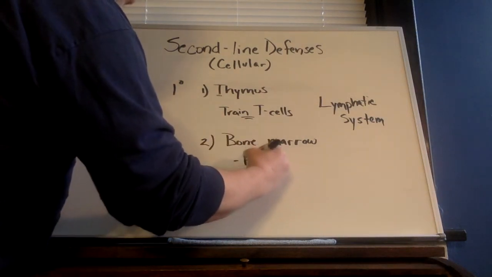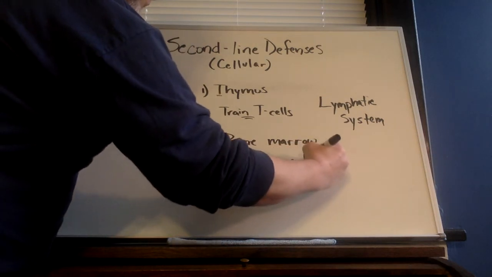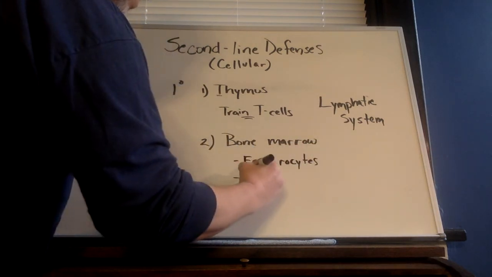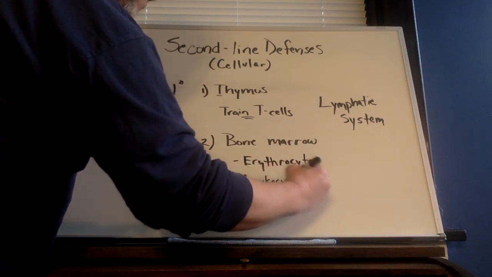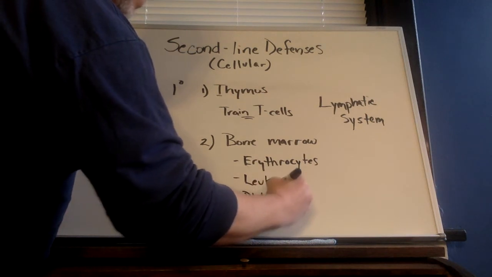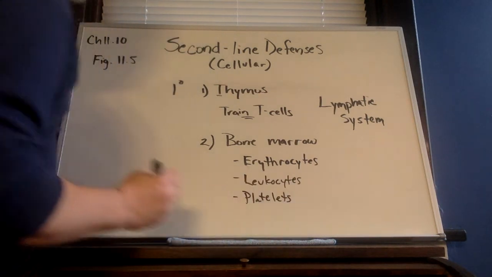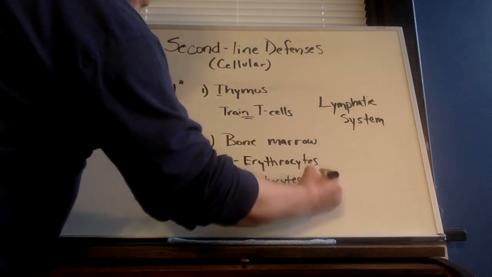So the bone marrow will create erythrocytes. It'll create leukocytes, and it will create platelets. Remember, these are your three different types of blood cells.